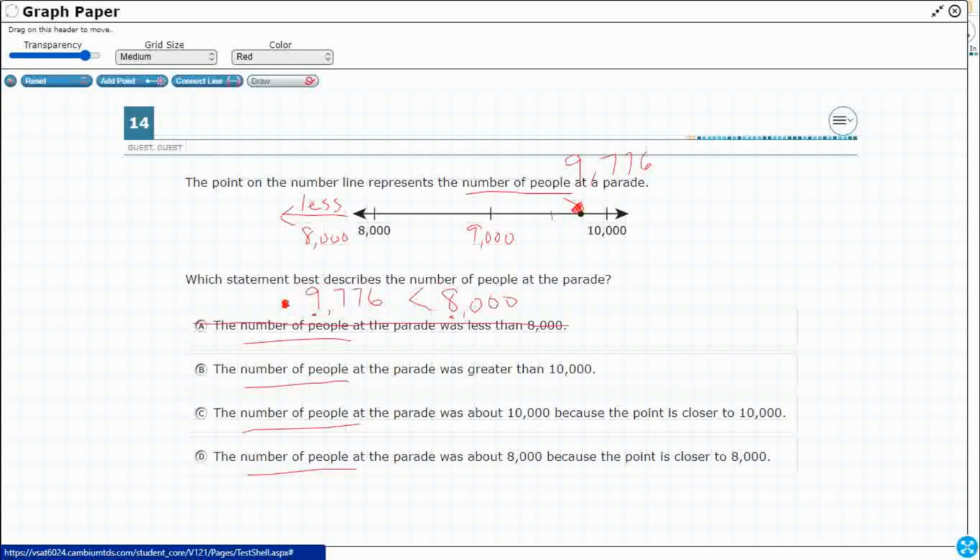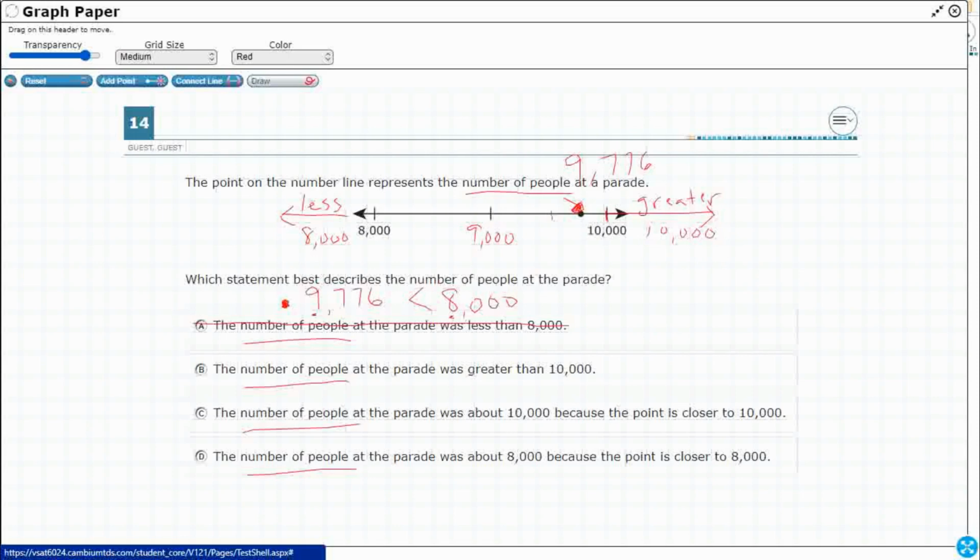B, the number of people at the parade was greater than 10,000. Okay, well, here's 10,000. If less than 8,000 is off to the left, greater than 10,000 is going to be off to the right. And no, it's not greater than 10,000. It's less than 10,000 because here's your 10,000 and it's less than that.